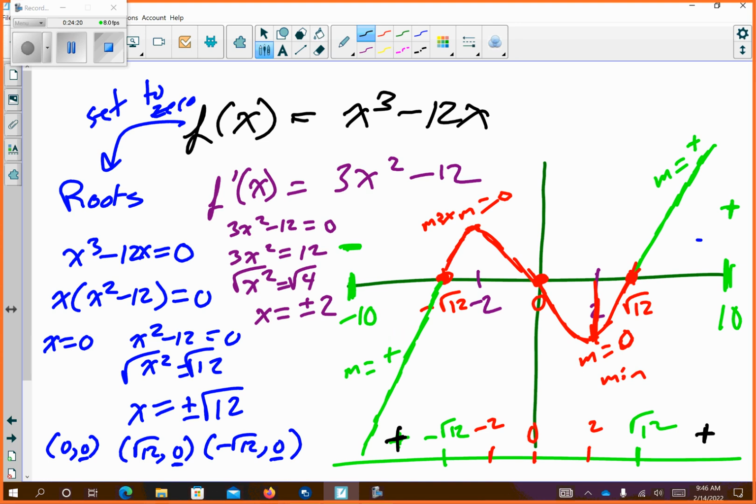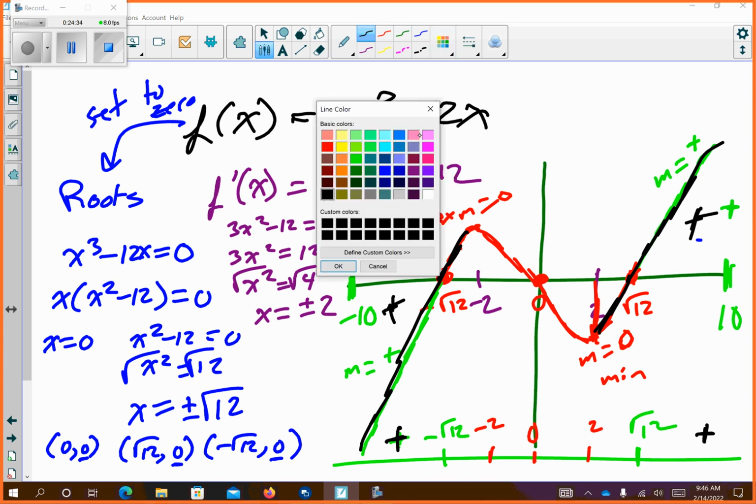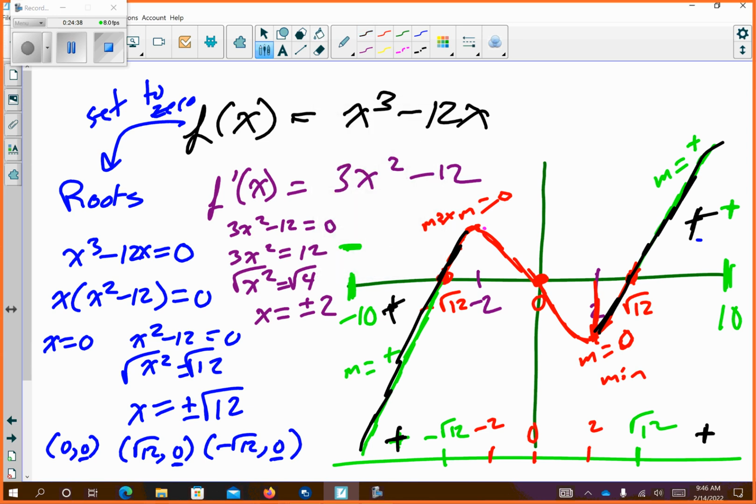This region here had a positive slope. This region here also had a positive slope. This region in between them had a negative slope.